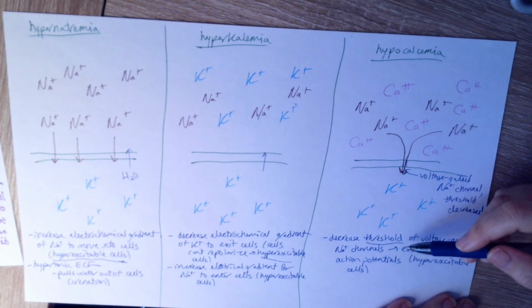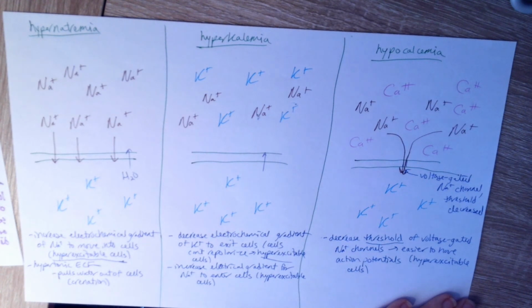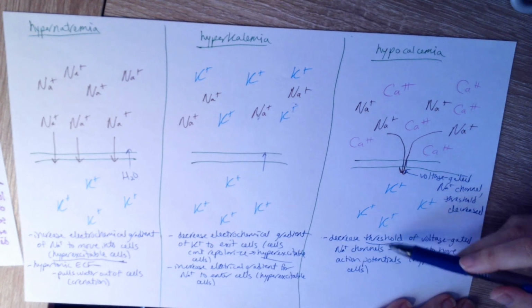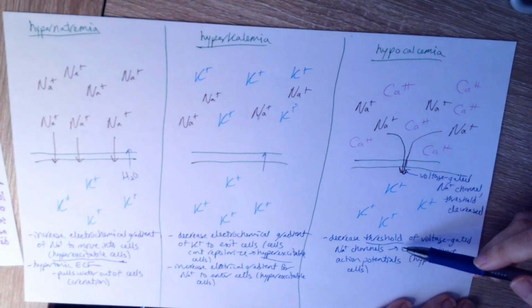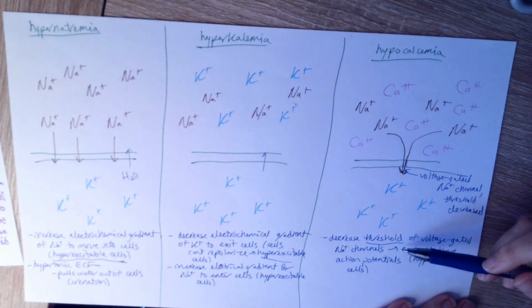So if you make the threshold higher for the voltage-gated channels, it makes it harder to open them. It makes it harder to reach that threshold, so you wouldn't have as many action potentials. If you lower the threshold for your voltage-gated channels, it makes it a lot easier to have your action potentials. So they would become hyperexcitable.